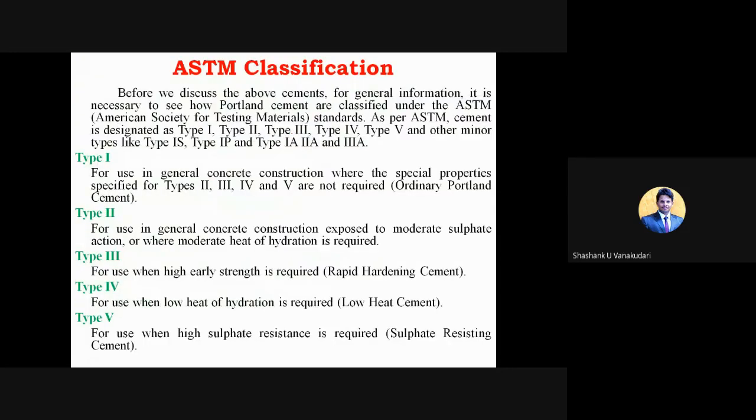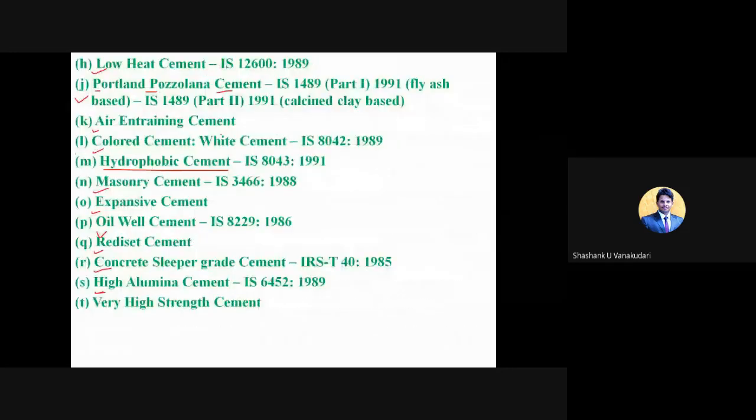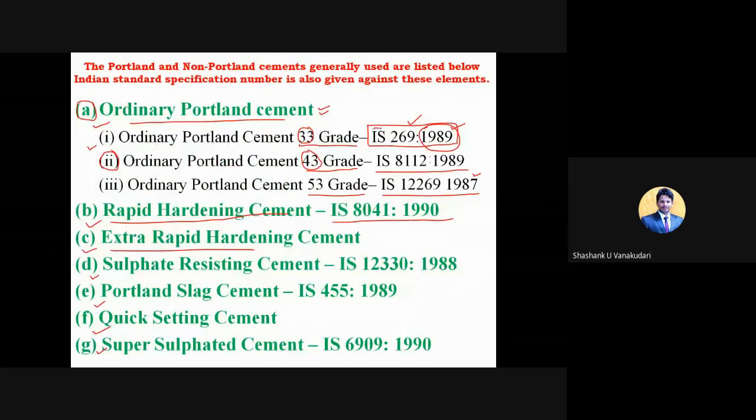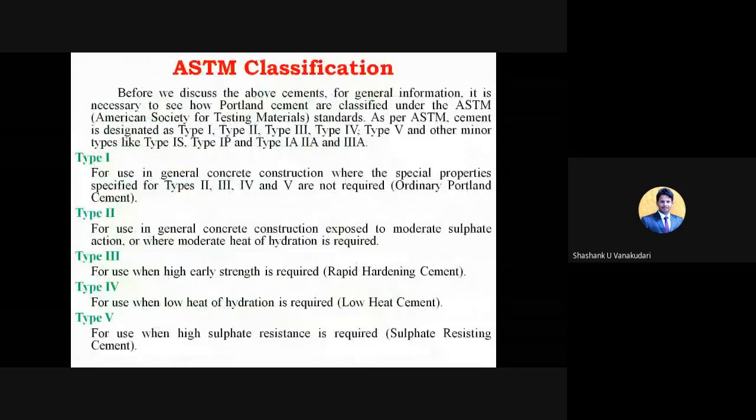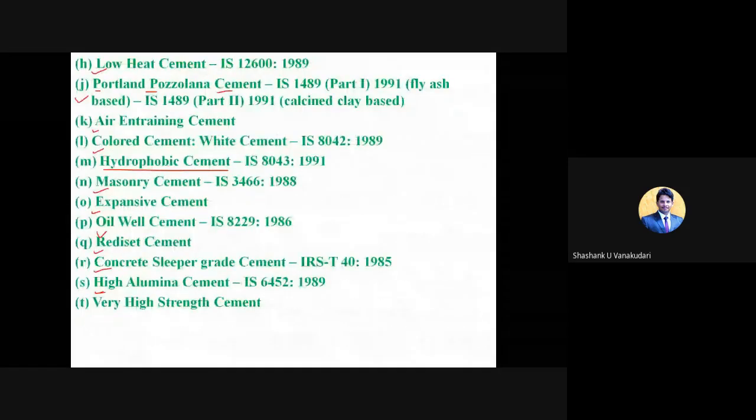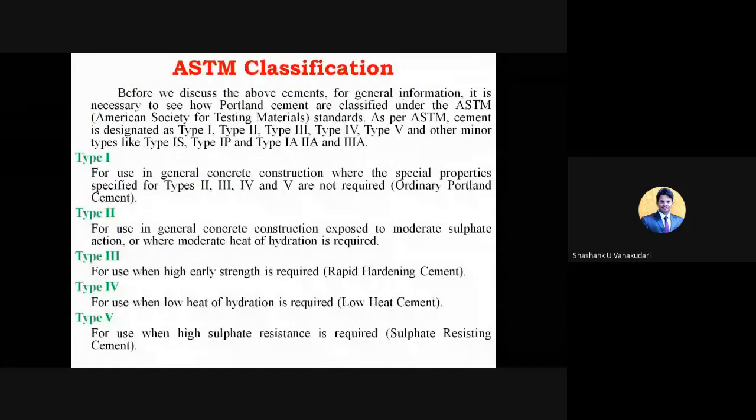And apart from this, all these cements are classified based on the Indian Standard, right? IS stands for Indian Standard. Now, worldwide, before we discuss the above cements, for general information it is necessary to see how Portland cements are classified under ASTM.